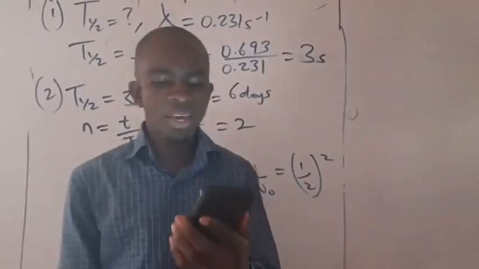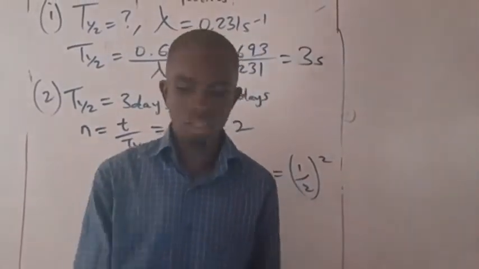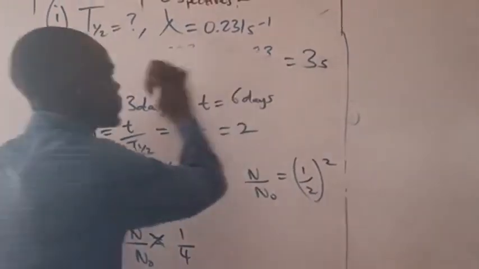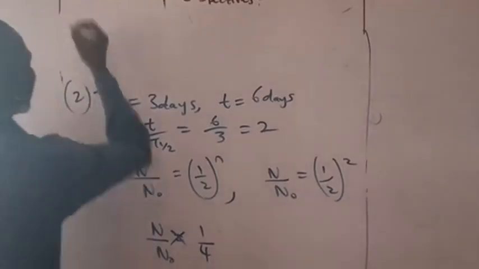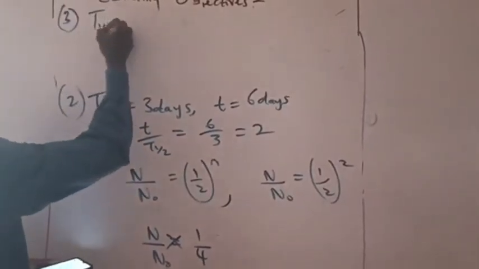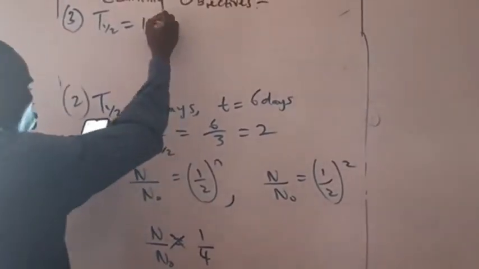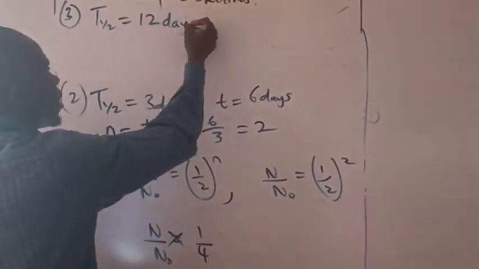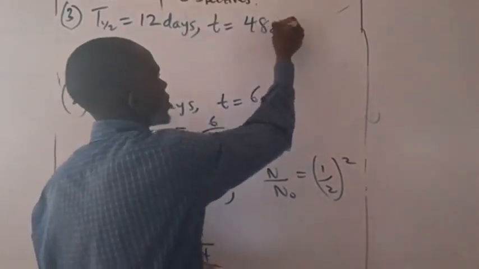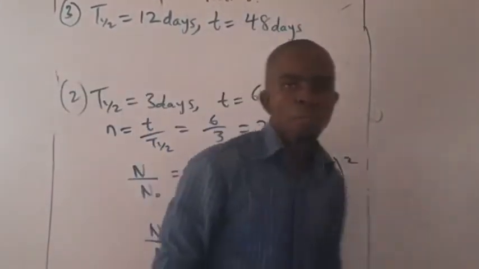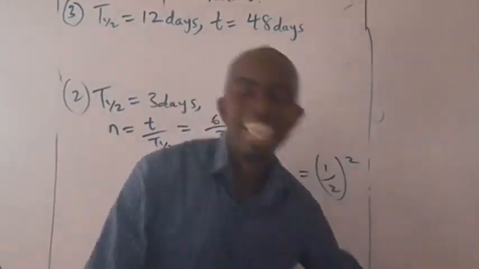A radioactive element has half-life of 12 days. So the half-life is 12 days. And the time expected in the question is 48 days. So we have to look for the life that has decayed.